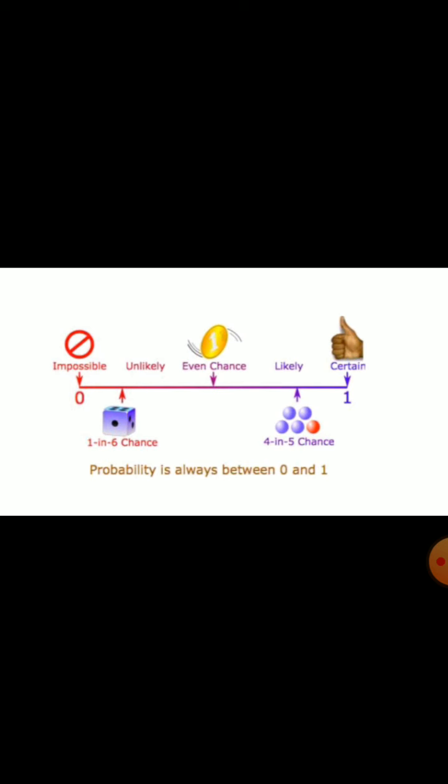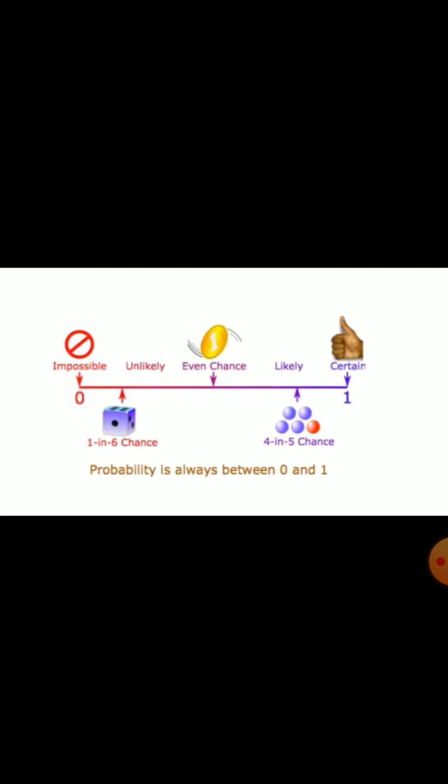Impossible chance is always 0. I'm telling you one example of impossible chance. Like if I said I will walk on moon today, it is impossible, so it is impossible chance. That is not possible. No, we can't walk on moon in one day.